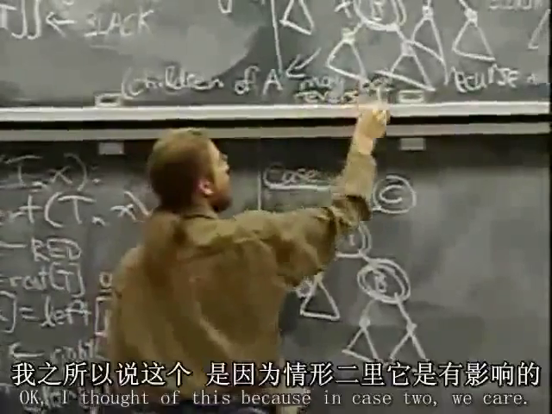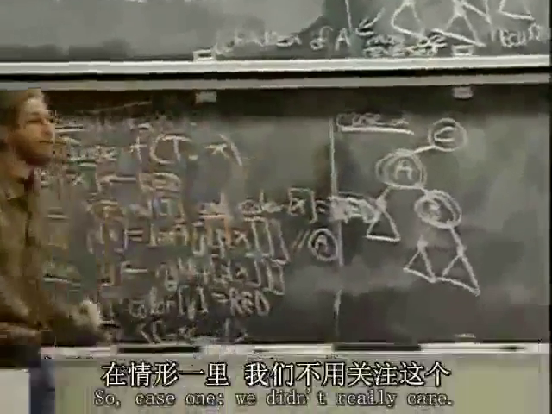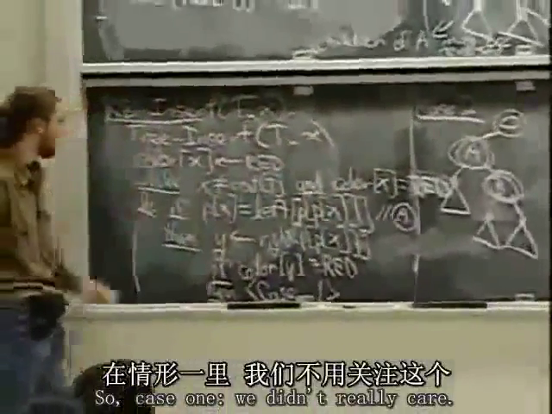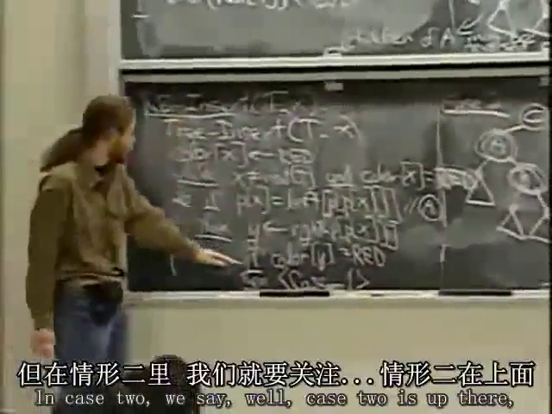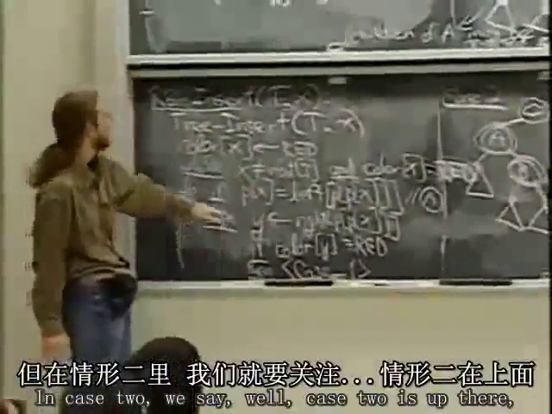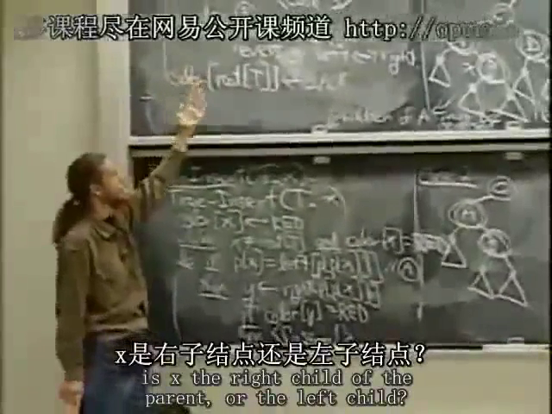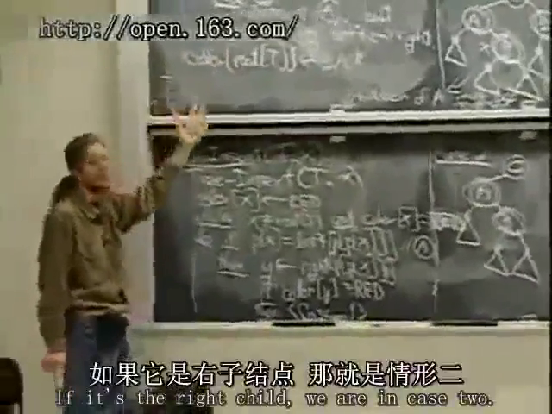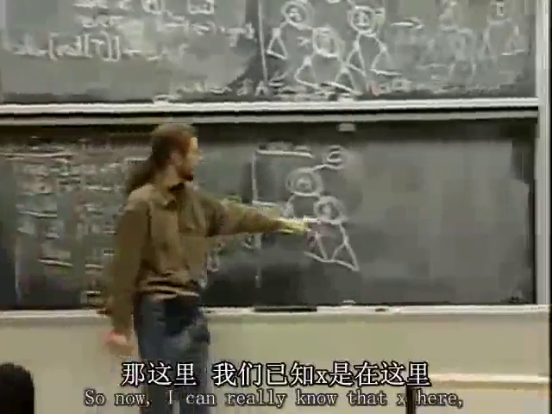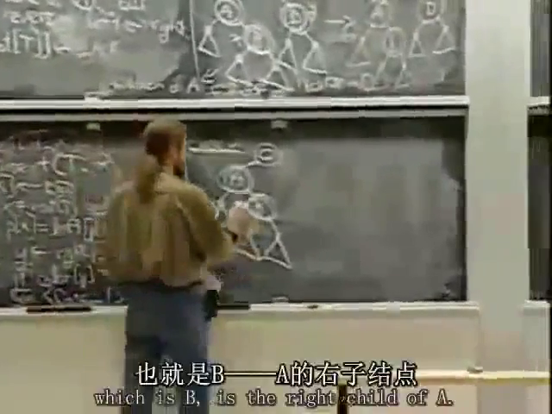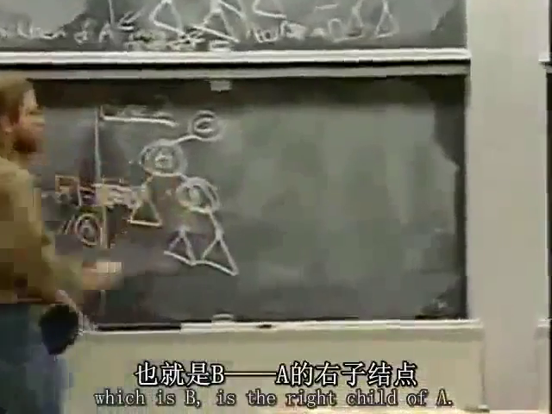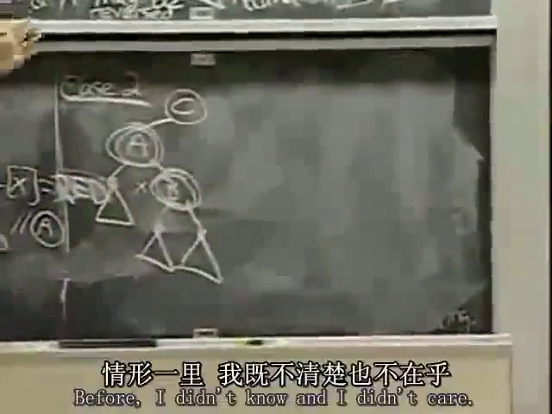Okay, I thought of this because in case 2 we care. So case 1 we didn't really care. In case 2 we say, well, case 2 is up there. Is X the right child of the parent or the left child? If it's the right child, we're in case 2. So now I can really know that X here, which is B, is the right child of A. Before, I didn't know, I didn't care.